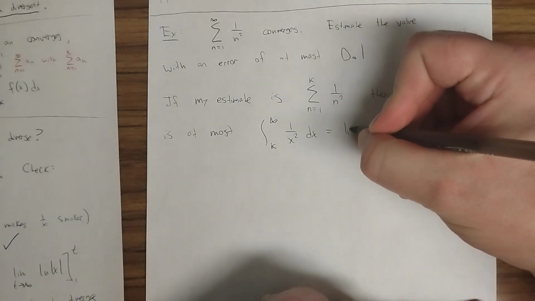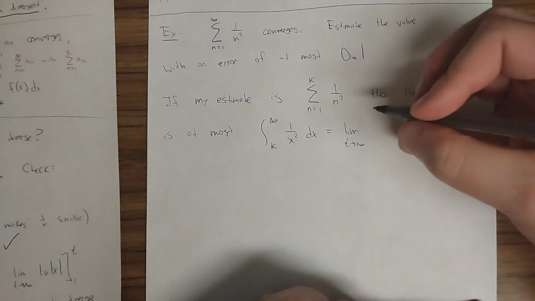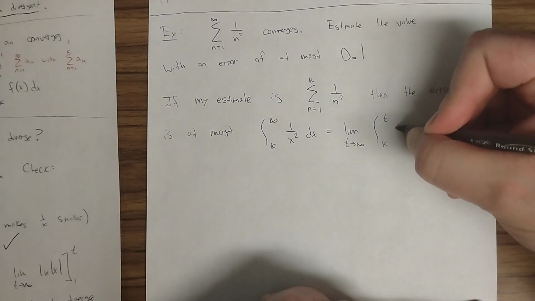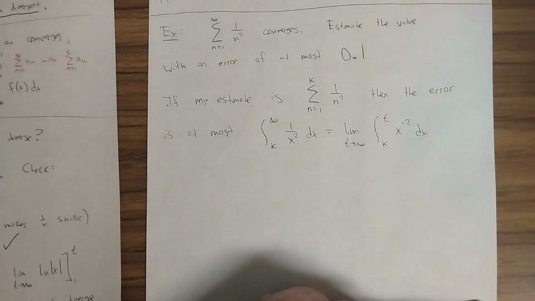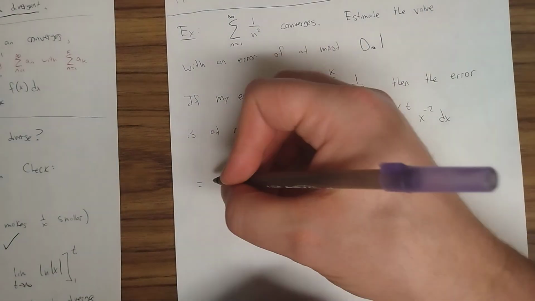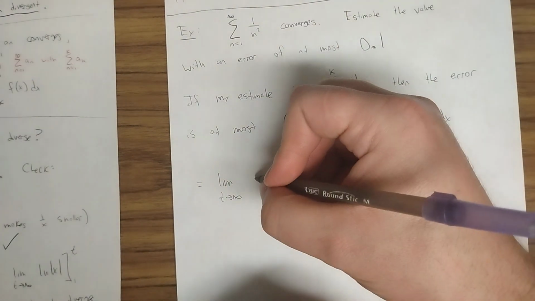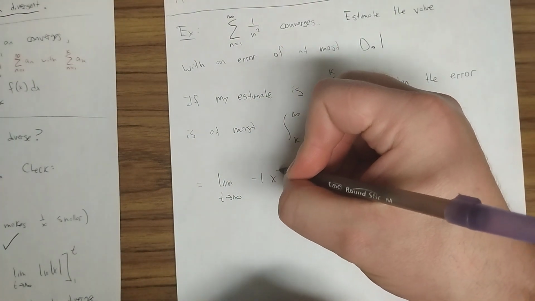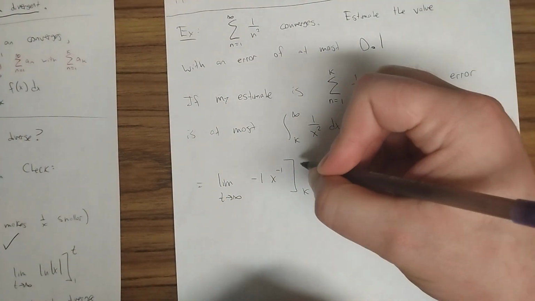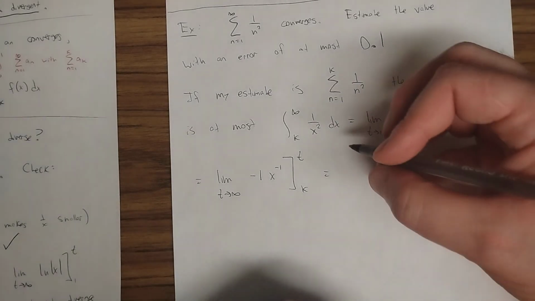So let's do this. This is the limit as t goes to infinity, because I have an improper integral, of course. This antiderivative is -1 times x to the -1.